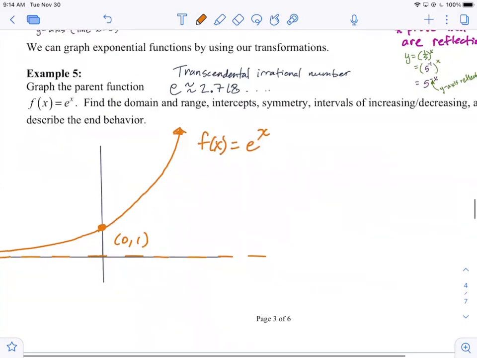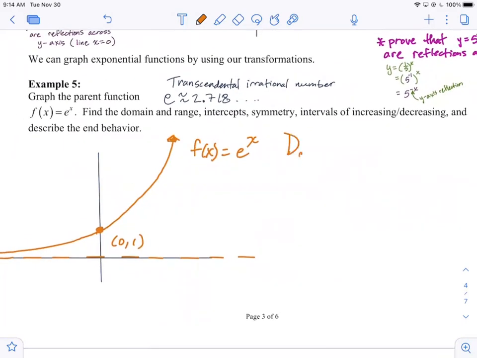All right, let's talk about a few characteristics then. What would be the domain of this function? All real numbers. That's right. All real numbers. Or if you want to get infinity involved, Brady, what would it be? Leonard? Euler, Mr. Euler, what would it be in terms of infinity?